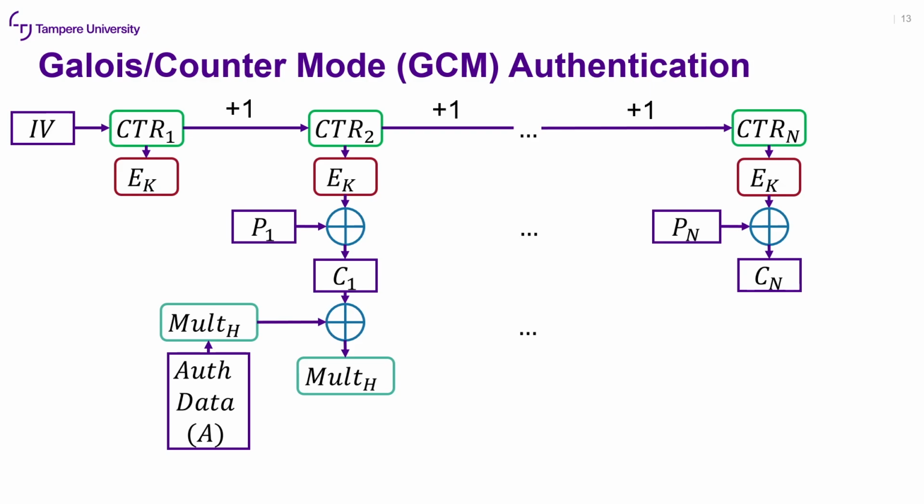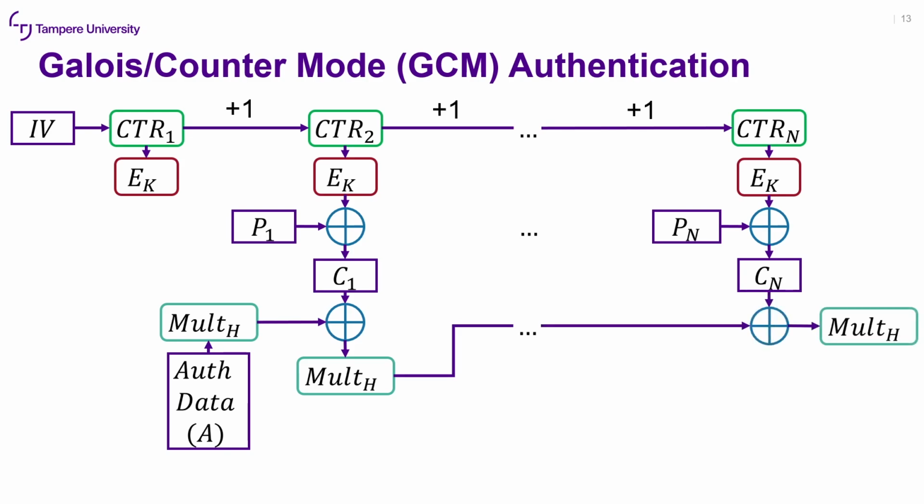Then we once again perform the same Galois multiplication and continue that through all the blocks that we have of the ciphertext. Eventually, we reach the very end, namely ciphertext block n, and we XOR it, and once again multiply it in the Galois field.